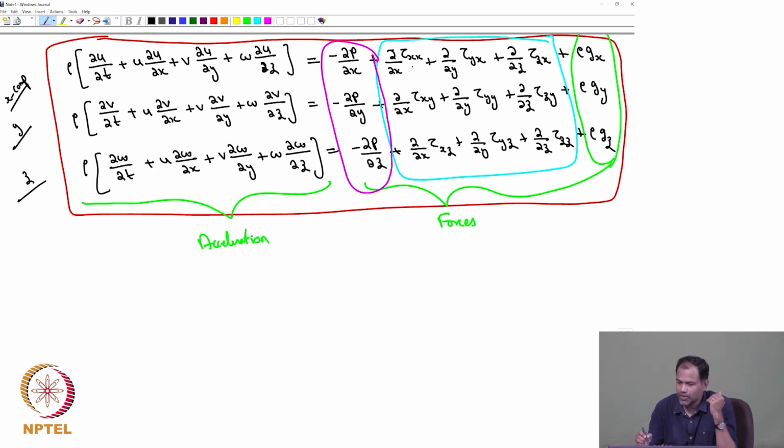Each of these quantities tau xx, tau yx, tau zx can be written in terms of viscosity.